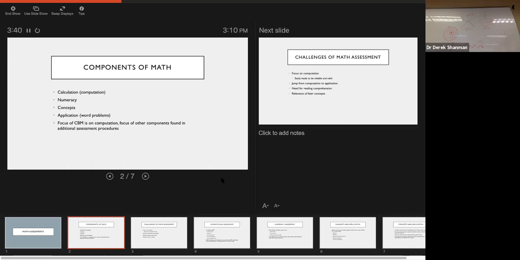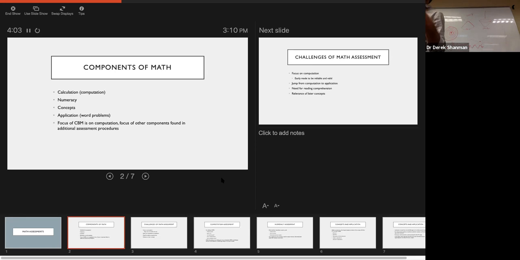All right. Within math assessments, the focus of our curriculum-based measurements is going to be on computation, right? Or calculation, both of those. All of the other ones can be assessed through additional procedures, other means.